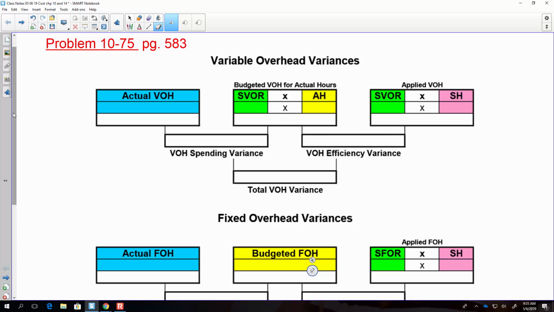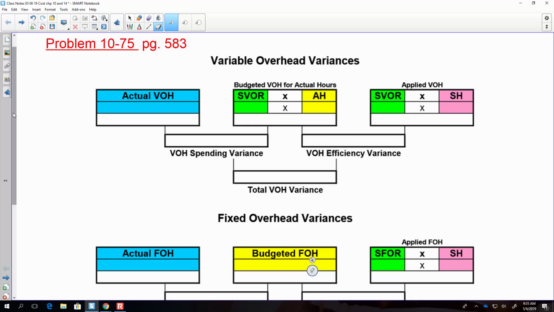Problem 61, the performance report. It's basically the template that I have here, just in a different format. So be aware that there is another way to do these variance computations, the spending and efficiency.